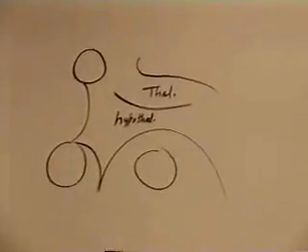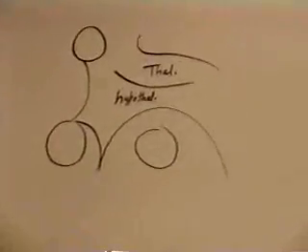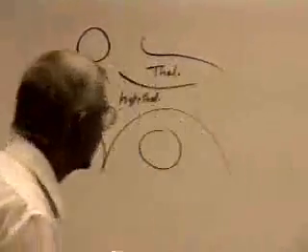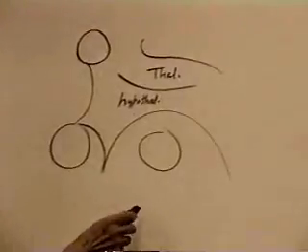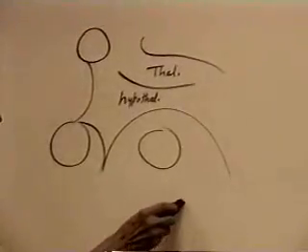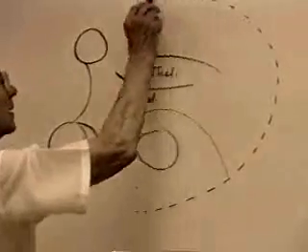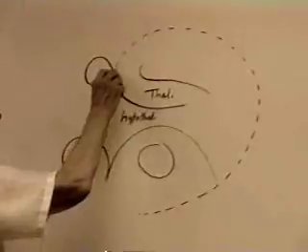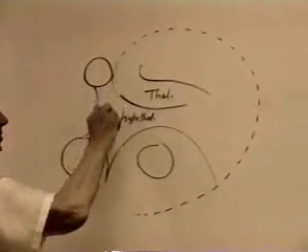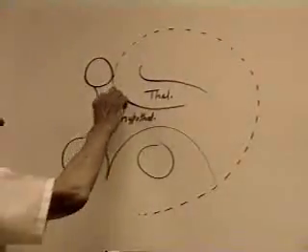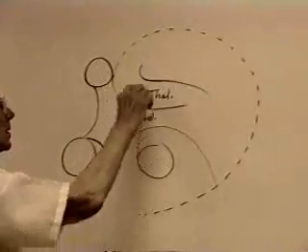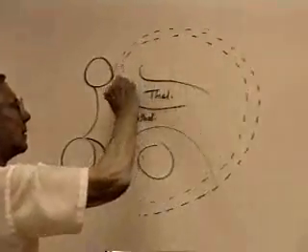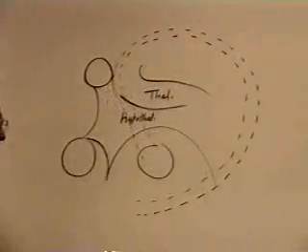We will see that the fornix, coming from the hippocampal formation off the temporal lobe, just touching the anterior commissure, dips into the wall of the third ventricle, on its way to the mammillary bodies.